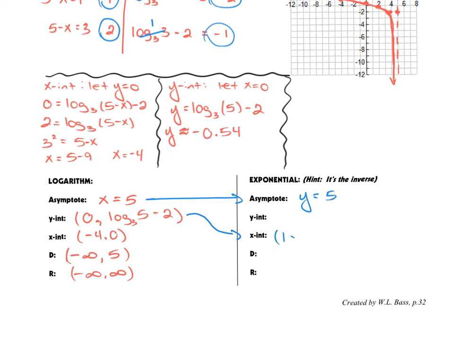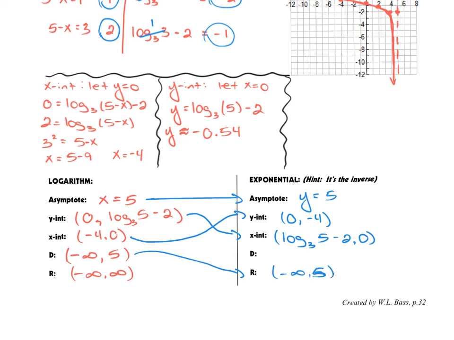I don't even actually need to do any math to get this answer. Of course, my x-intercept, reversing those ordered pairs, is going to create a nice y-intercept. And of course, this domain will become this range. And this range will become this domain, which is really the whole point of this chapter, linking those together.